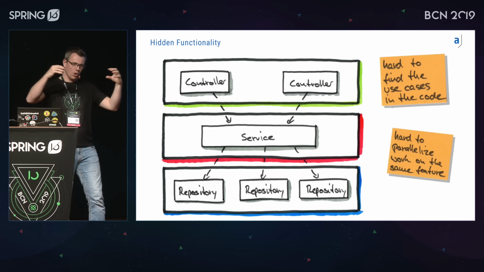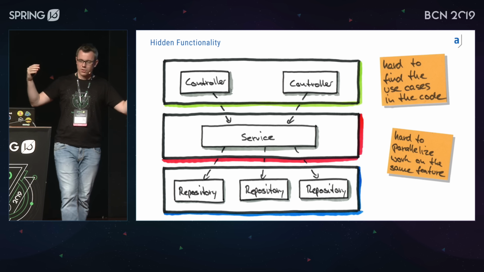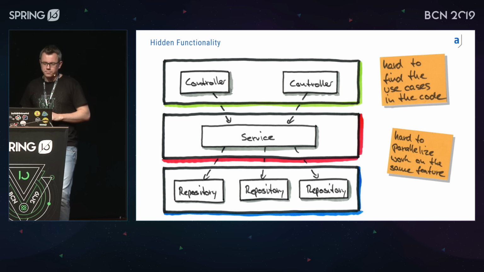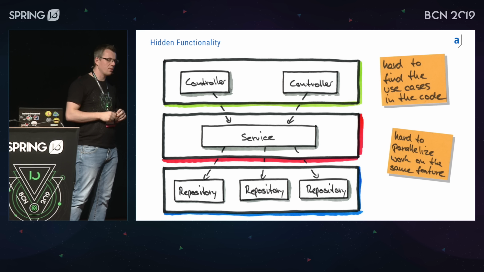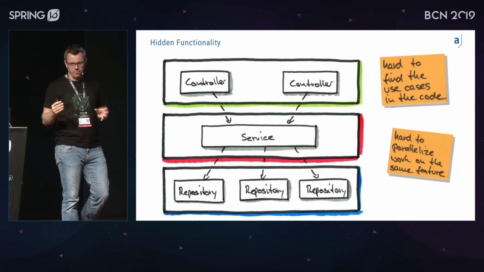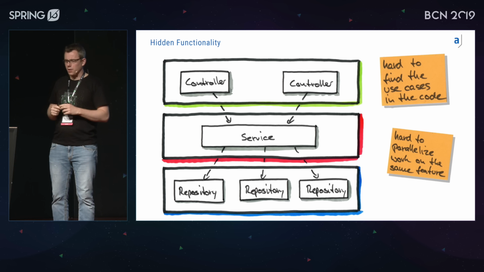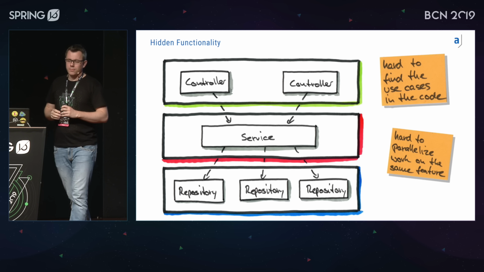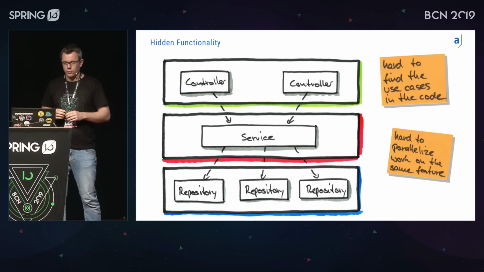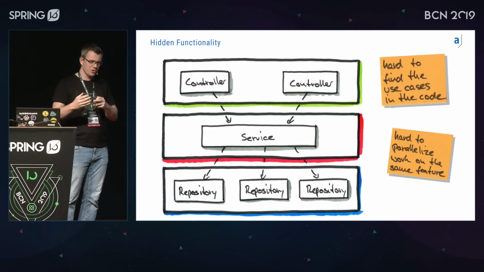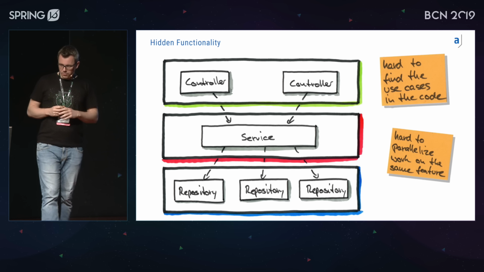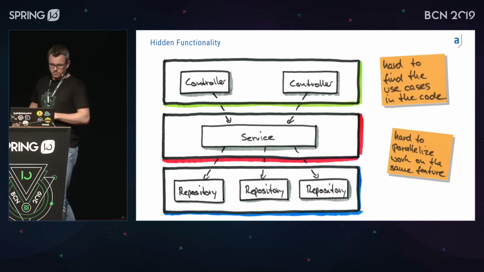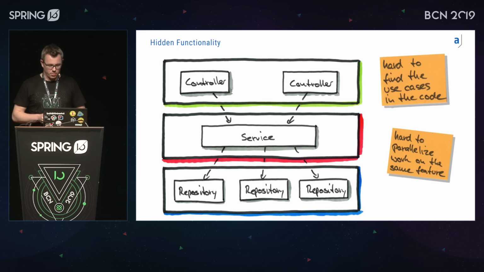It also makes it hard to work in parallel on the same feature. If two developers are working on the same or a similar feature, they both have to work in this service and might have merge conflicts and other problems.